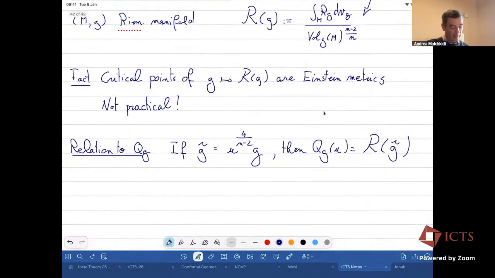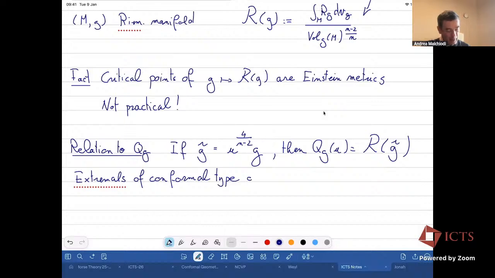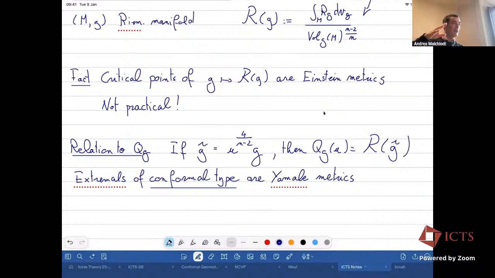So extremals of conformal type are Yamabe metrics. If you fix a conformal class of the metric and you consider critical points, you're going to find Yamabe metrics, metrics with constant curvature. If you vary also the conformal class, then you're going to find Einstein metrics. It's much stronger.